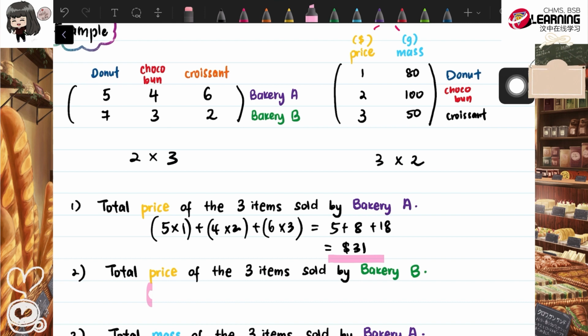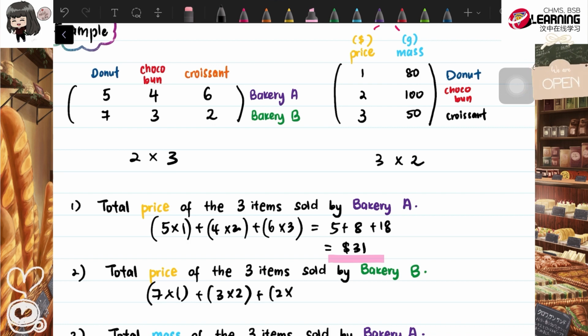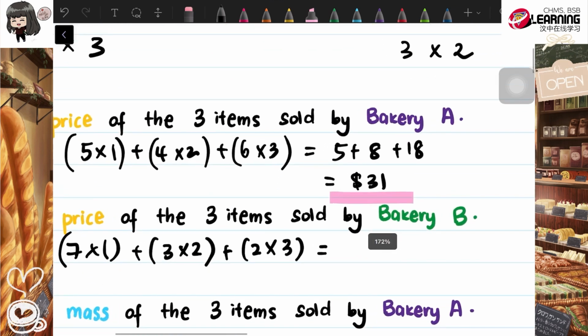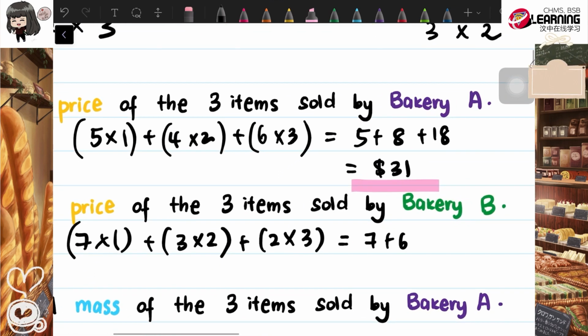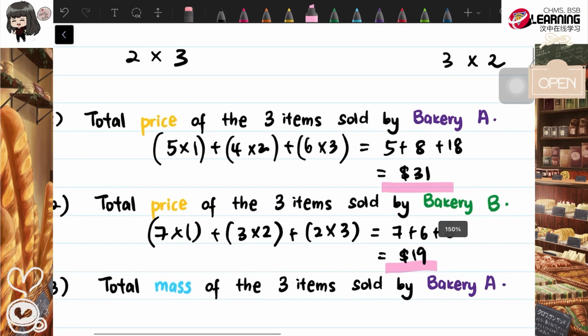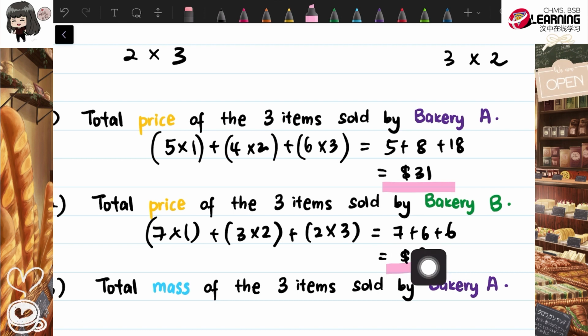So here, 7 donuts times $1, plus 3 choco buns times 2, plus 2 croissants times $3. The total here is 7 plus 6 plus 6, which is $19. So the total price of the 3 items sold by bakery B is $19.